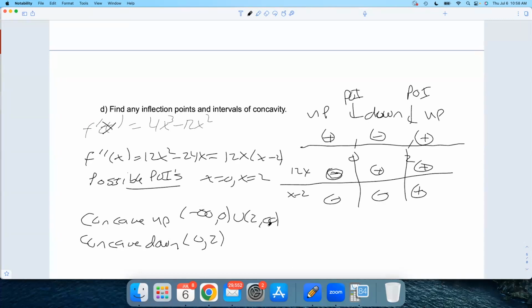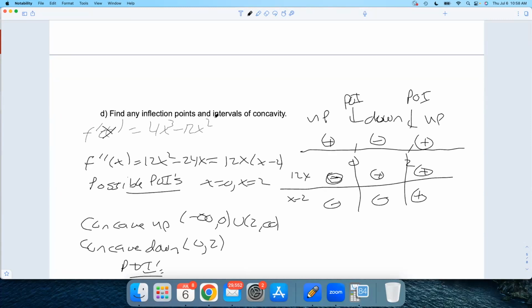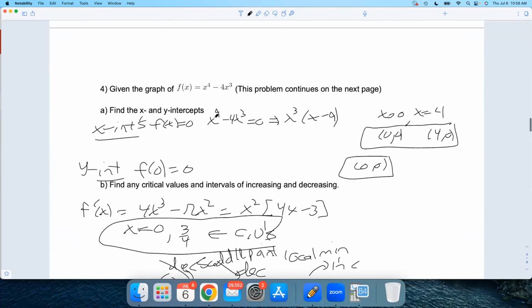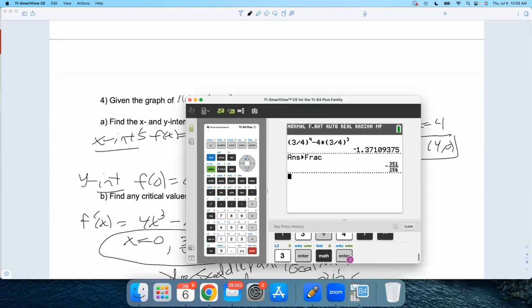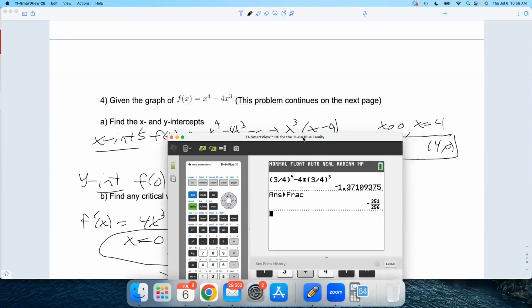All right, and now we got to plug 0 and 2 to find our points of inflection. Not in here. I know I'm going to get 0 there. Not in the derivative, but in the original. 0, that's easy. That's just 0. Plugging in 2, I'm going to get 16. Here, I'll do it in the calculator for you instead of doing it in my head. So 2 to the 4th.